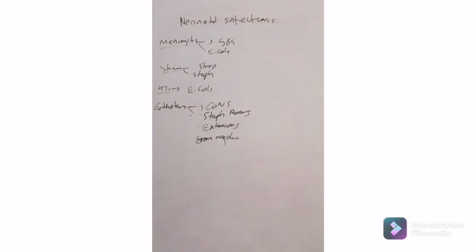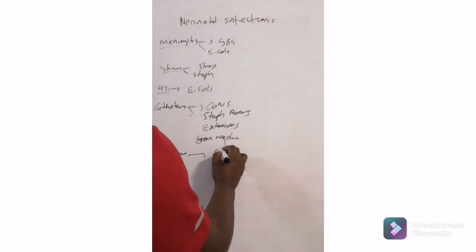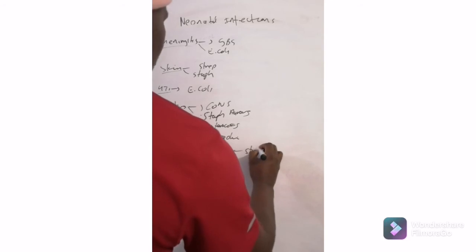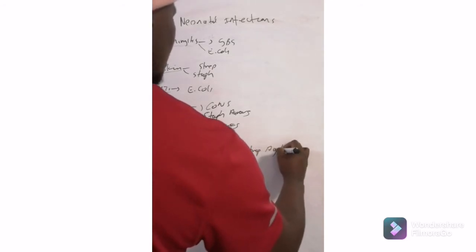So this guides your broad spectrum antibiotics according to the type of infection that you think you have. But at the end of the day, you need to send a specimen to the lab to know the actual cause. So for things like pneumonia, group B, and we said it's Strep agalactiae.